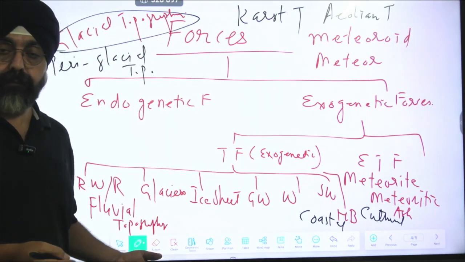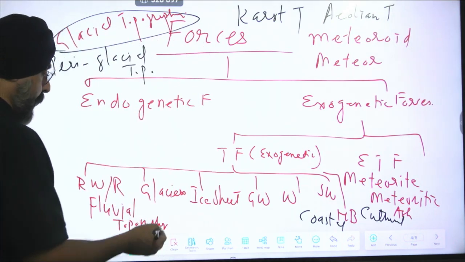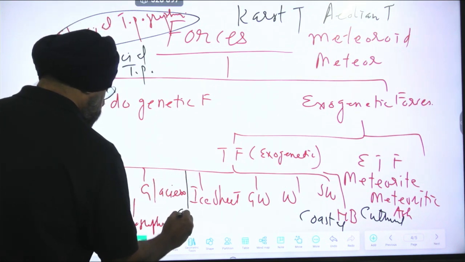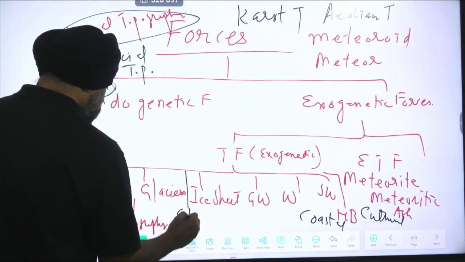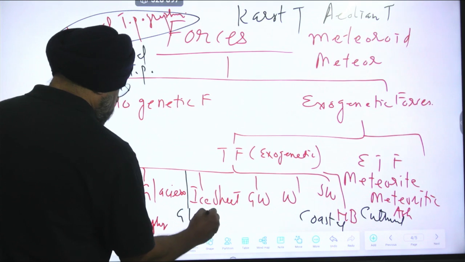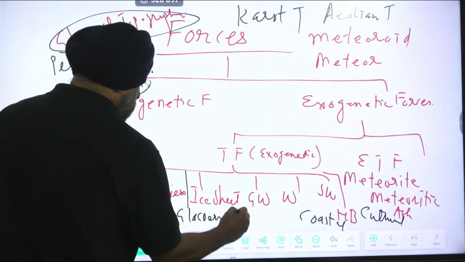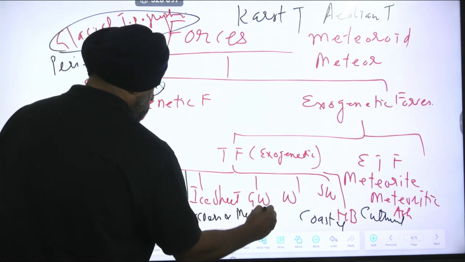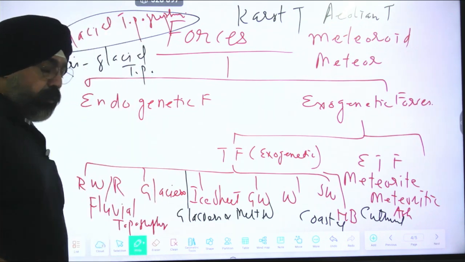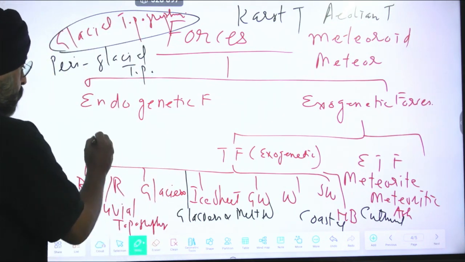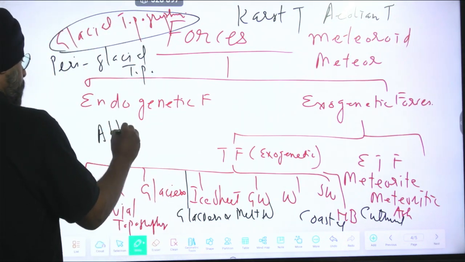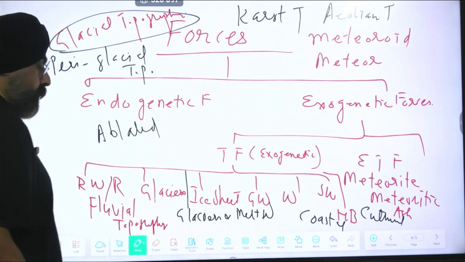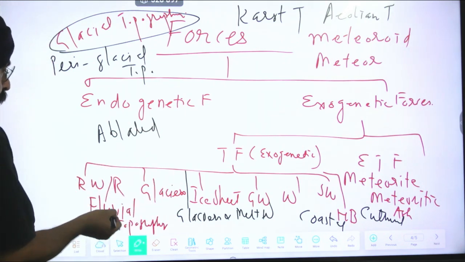Out of these 7 topographies, one more you can add here. This is glaciers and meltwaters, the ablated waters. And they produce which type?